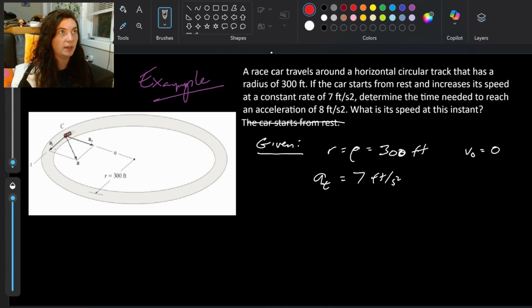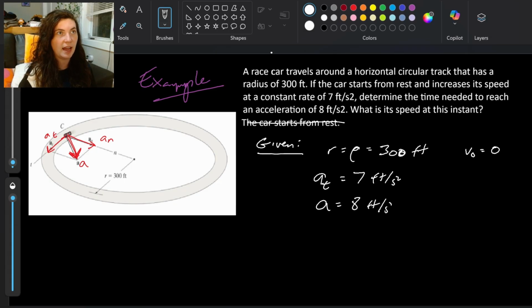So not only do we have the tangential acceleration in the direction of our velocity, we have that normal acceleration that gives us an overall together. We can find the magnitude of that to find the overall acceleration. So what this 8 is, that's the overall magnitude, the acceleration.